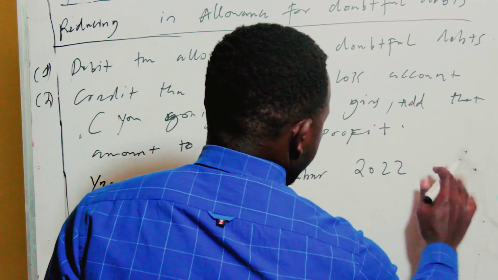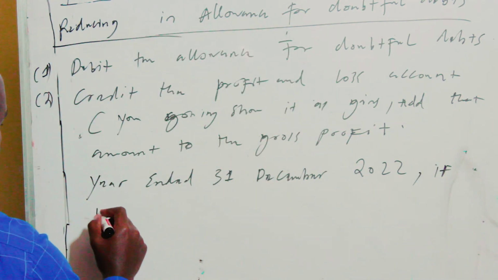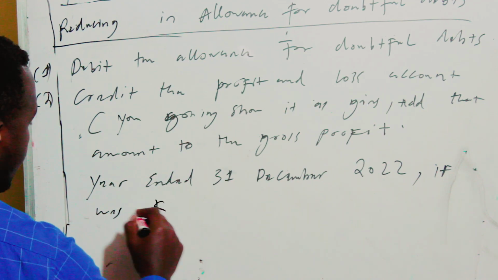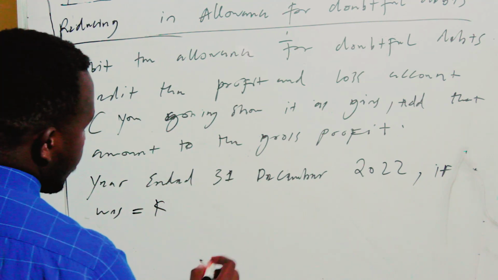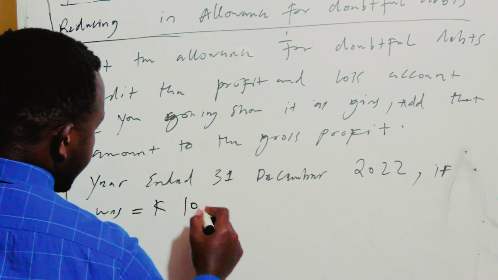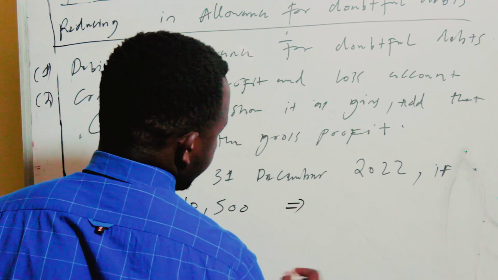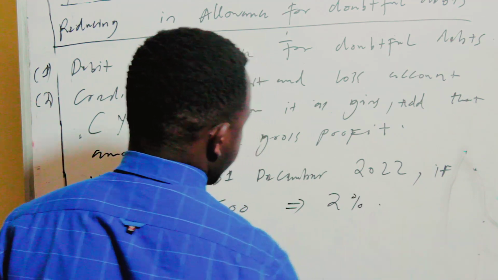So if we say that the amount for accounts receivable after deducting the bad debts will be 10,500, and the allowance for doubtful debts is maintained at 2%.